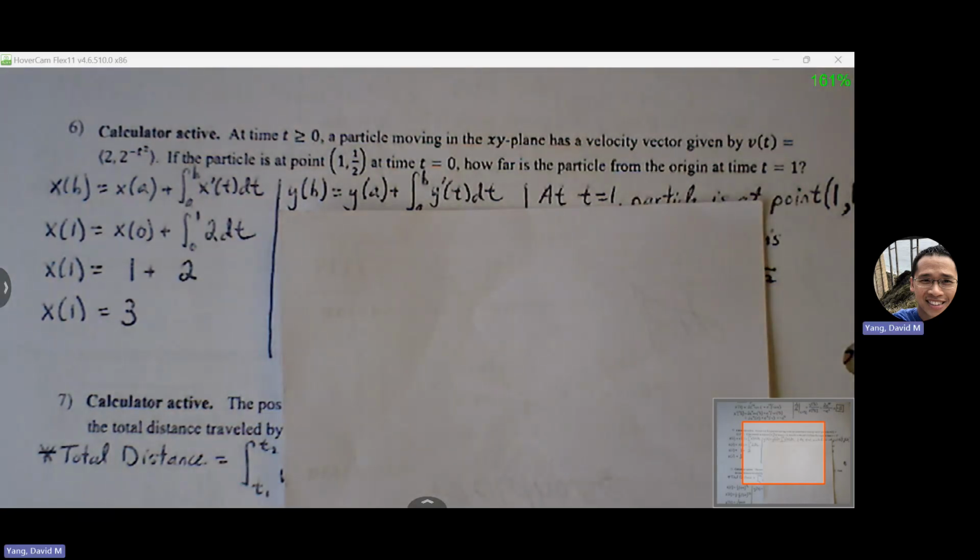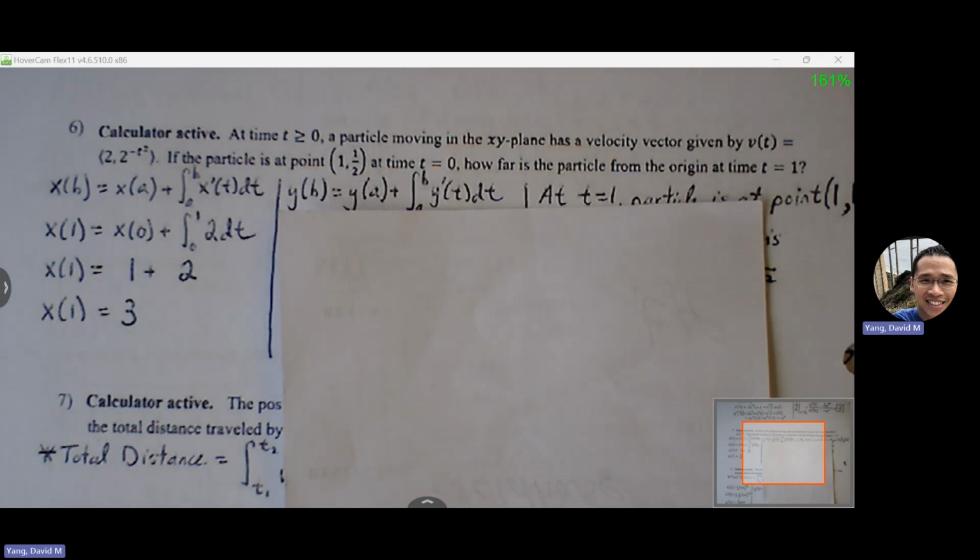We know that at t equals 0, the object is going to begin at x value of 1. So we have to figure out how much distance this particle has traveled horizontally between 0 and 1.